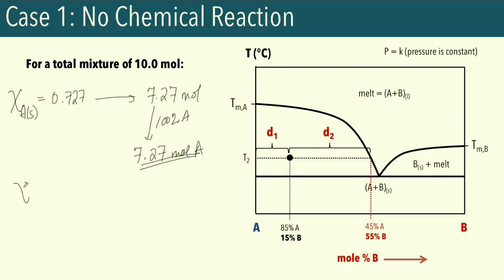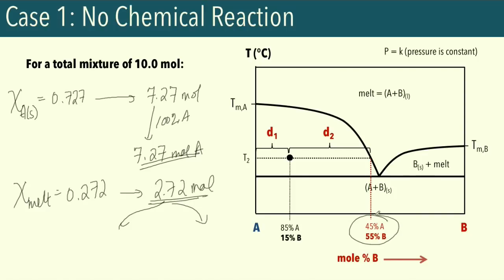If we're interested in what remains in the melt, let's recall the mole fraction of our solution that's in the melt. This is equal to 0.272, so this is going to be equal to 2.72 moles of our solution that remains in the melt. If you want to figure out how many moles of A and B are in this melt, let's consider the composition of our melt.